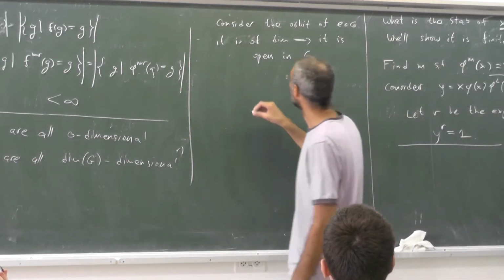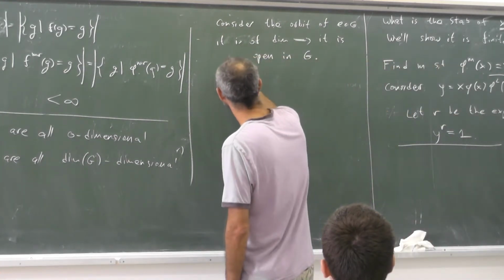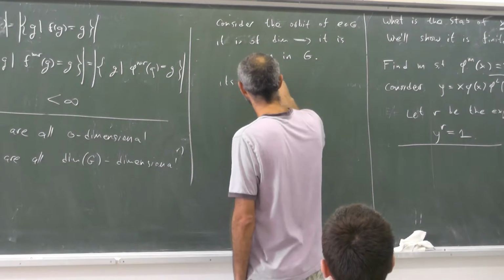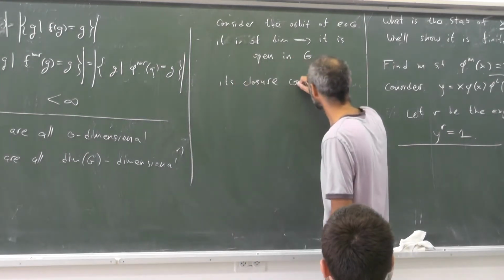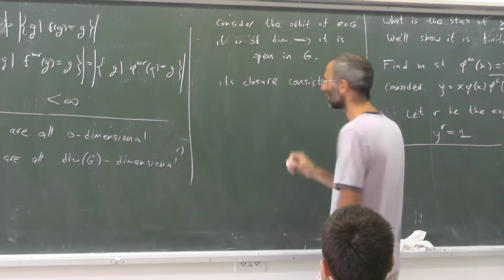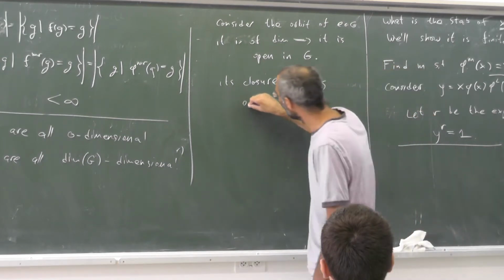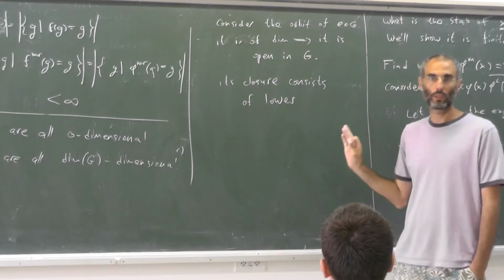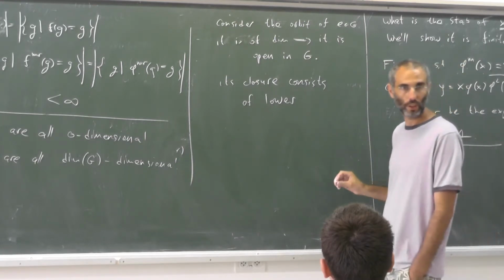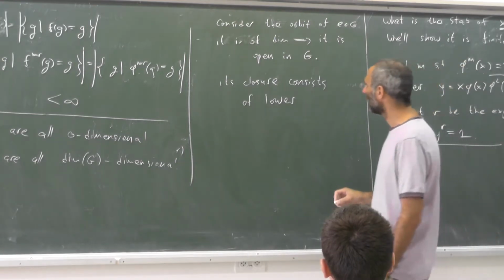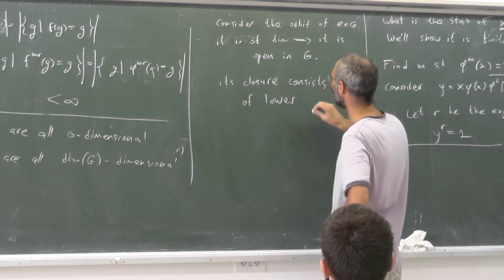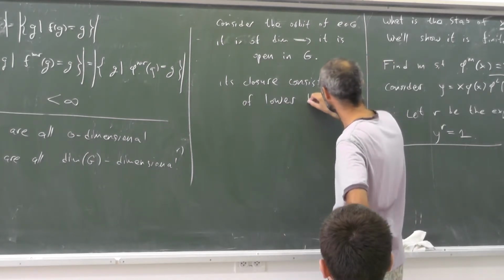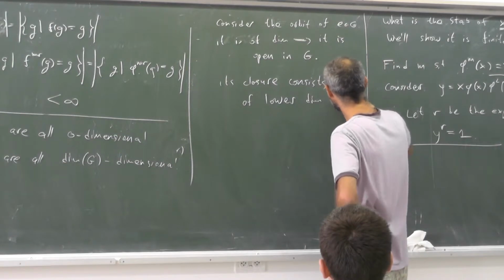But what is its closure? Its closure, as usual, consists of lower dimensional orbits. So this is a general fact. Now, again, we are working over an algebraically closed field. So this is a general fact about group actions on varieties. The orbit closure consists of lower dimensional orbits.